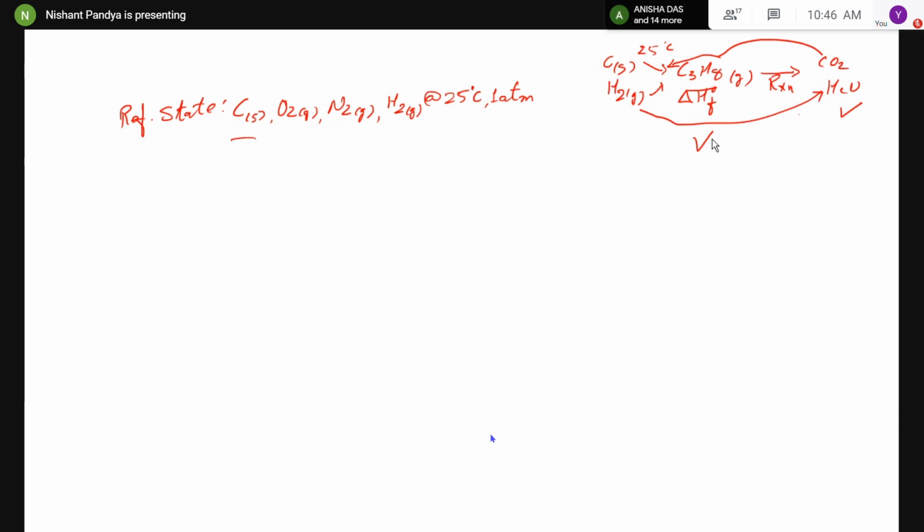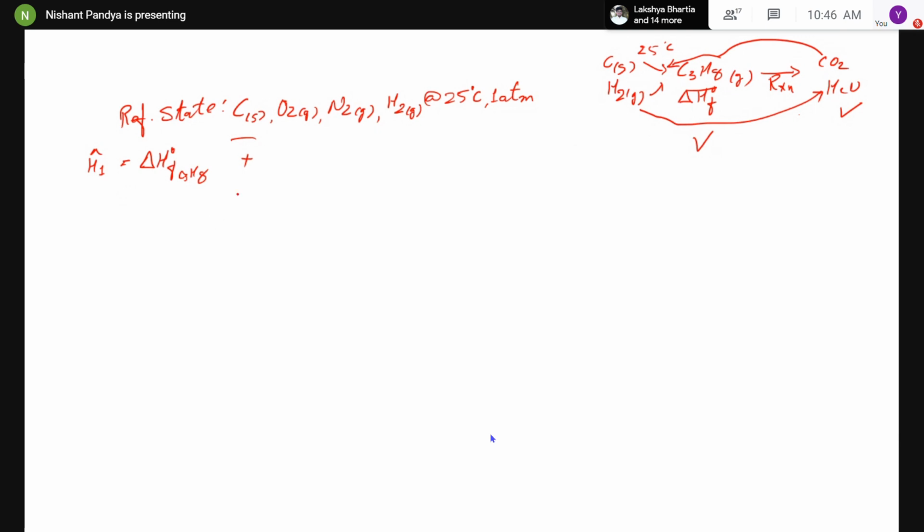So here the calculation will be a little bit different. The names are the same. H1 cap is the enthalpy of C3H8 at inlet condition. So we know that this is with respect to this condition, which is nothing but delta HF dot of C3H8, plus you have to take care of the temperature part.